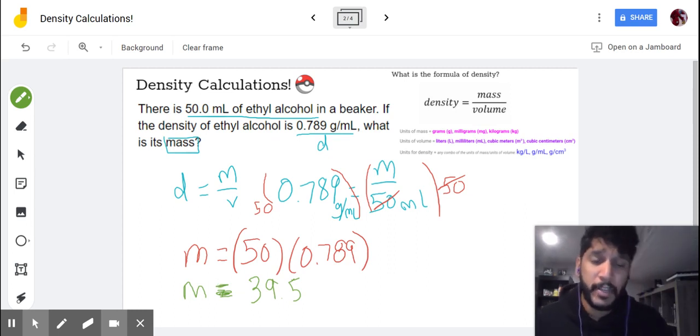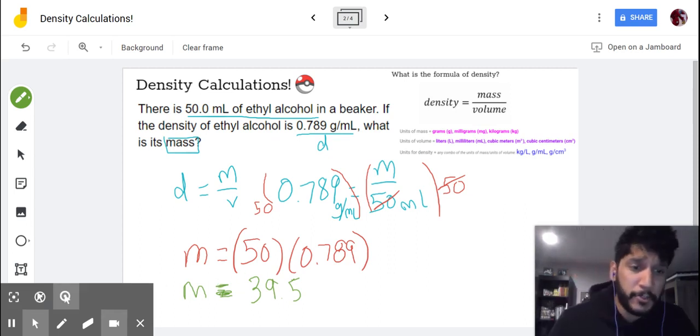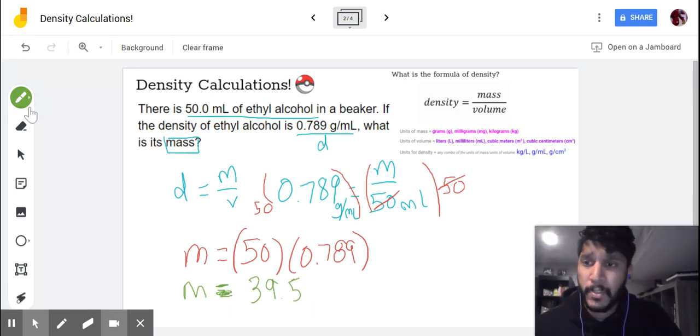What's the unit for this? Units for mass, again, are grams, milligrams, kilograms. Let's take a look back at our problem. We had milliliters here, and we had milliliters here. If we had our milliliters at the top, and this as grams per milliliter, there's milliliters on the top and milliliters at the bottom.